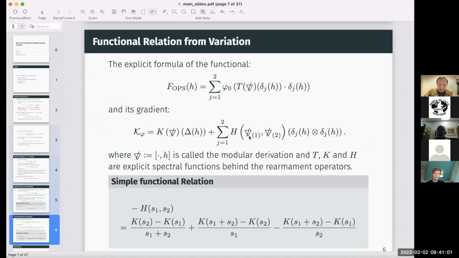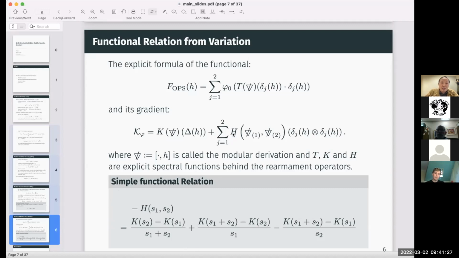After explaining the meaning of these new ingredients of the modular curvature, I've arrived at the starting point of my story: the following simple functional relations between k and h.